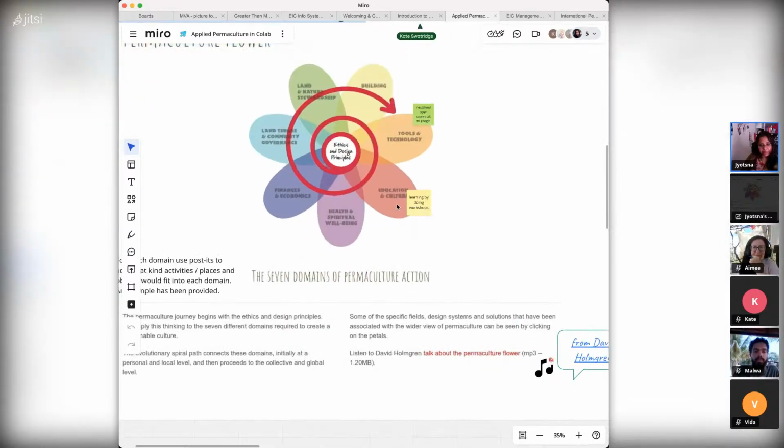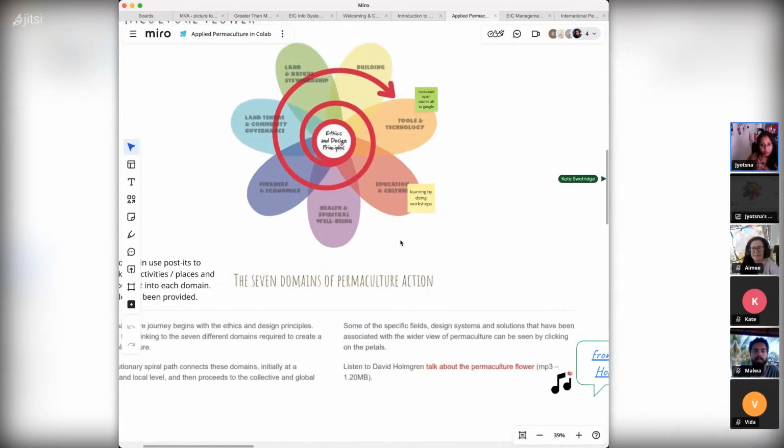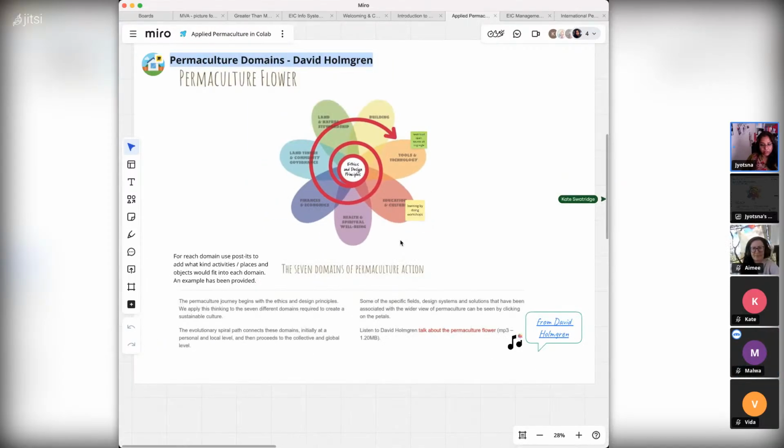The 7 aspects of permaculture in and around us are: building, how do we build together, the co-creation aspect of it; land and nature stewardship, our relationship to nature in and around the world; land tenure and community governance, which is mostly the policies, the setup for keeping it safe, keeping it fertile, all of that; finances and economics, the budgets, the cost of the resources, and so on and so forth; health and spiritual well-being; education and culture; and tools and technology that we use.